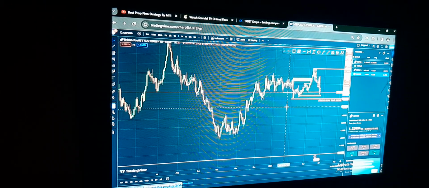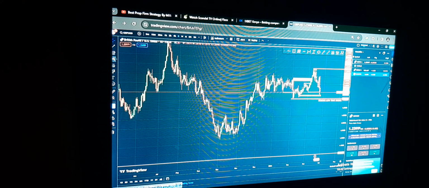We've been in a constant uptrend, then we went into a consolidation, then we broke above the consolidation, and now we're bearish. But are we really bearish, or is it just a pullback for the bullish momentum? And that's where I come in analyzing.